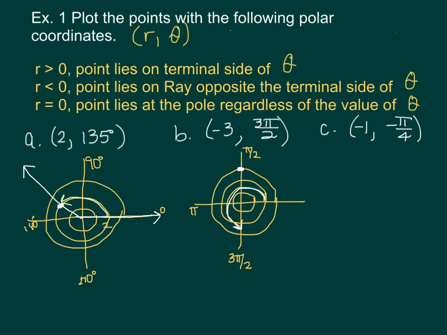And then the last one, we have to go negative pi over 4, which means we have to now go in the negative direction, which is clockwise. So negative pi over 4 would be about right here.